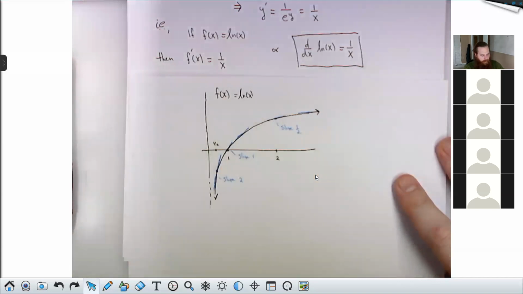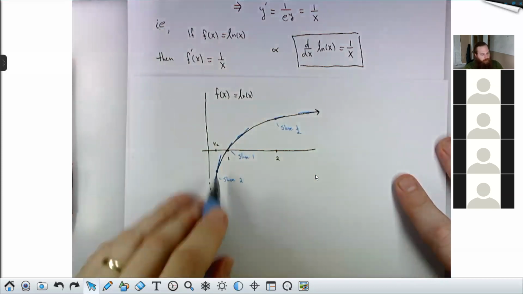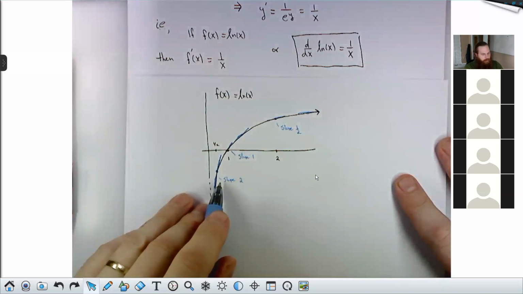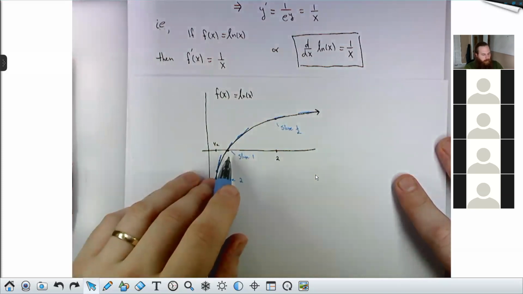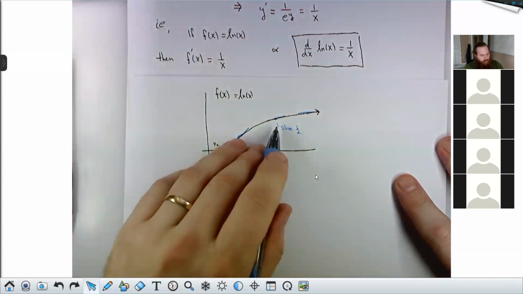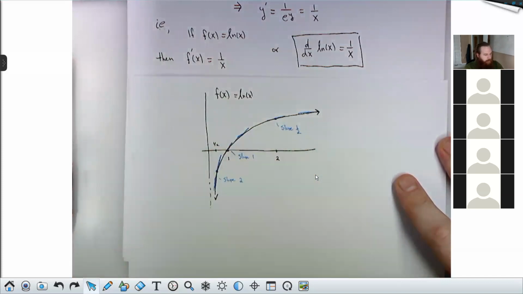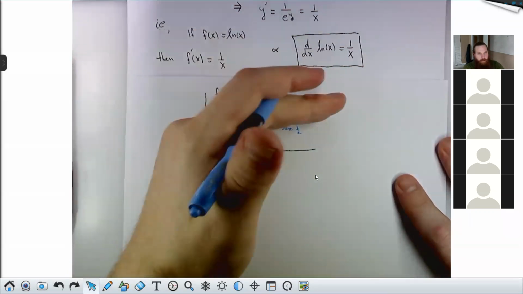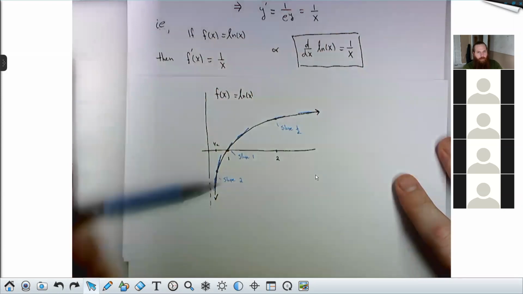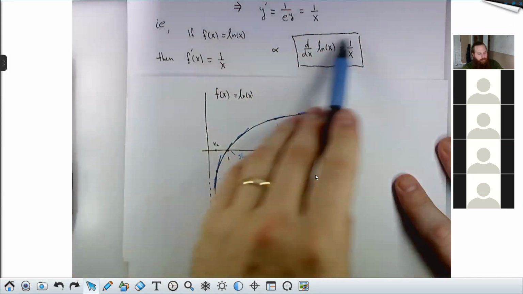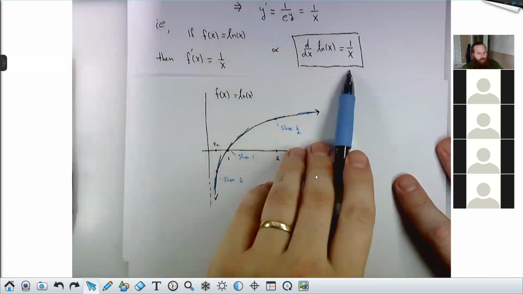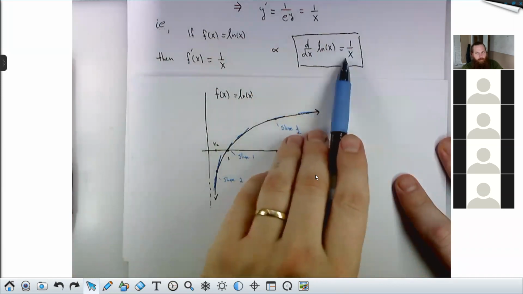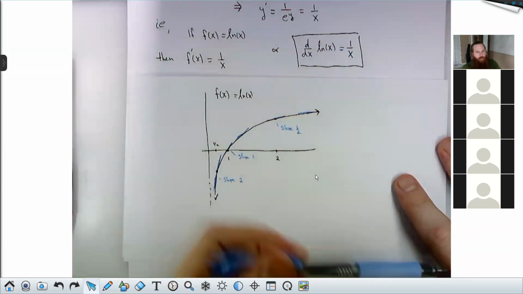They're following this rule: 1 divided by 1/2 is 2, 1 divided by 1 is 1, 1 divided by 2 is 1/2. So the fact that these slopes get shallower and shallower as you go out this way makes sense in the context of this derivative, because 1 over x gets smaller and smaller as you go out that way.